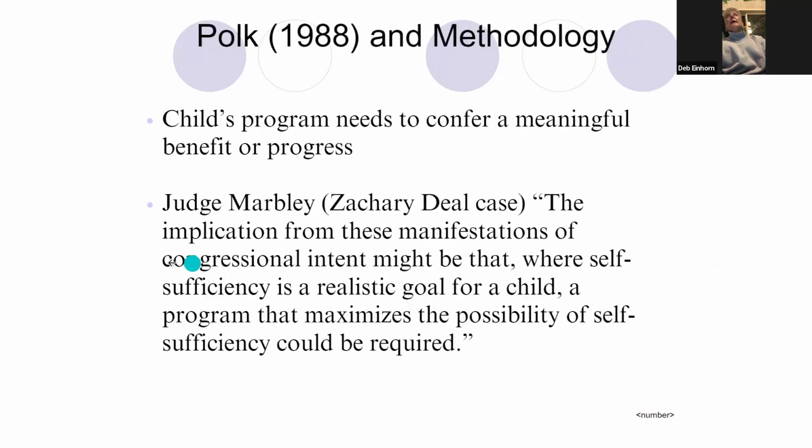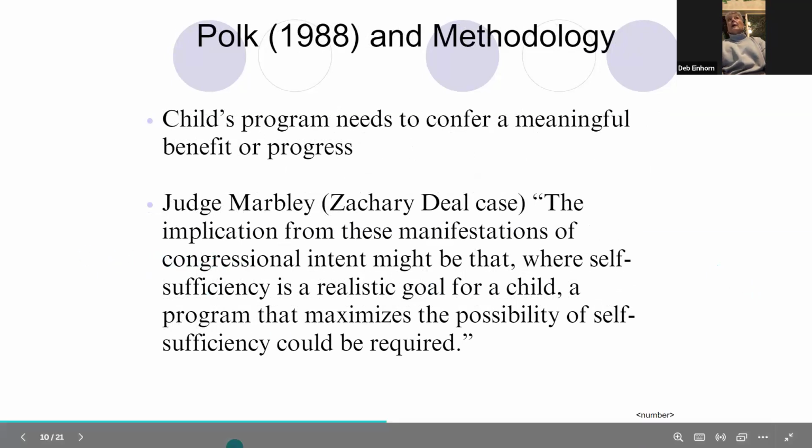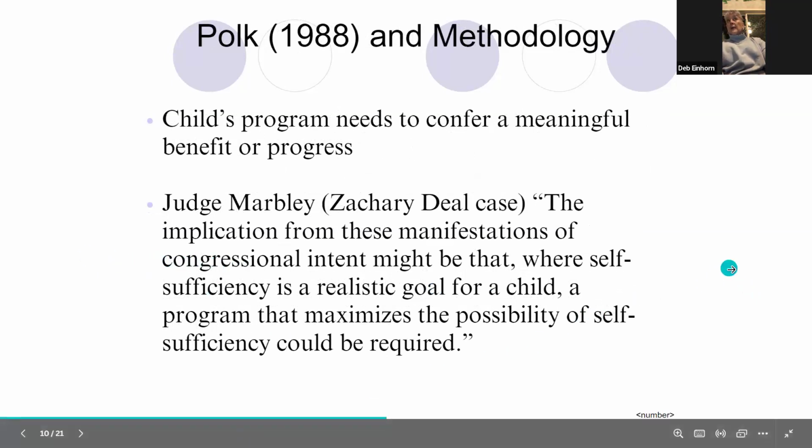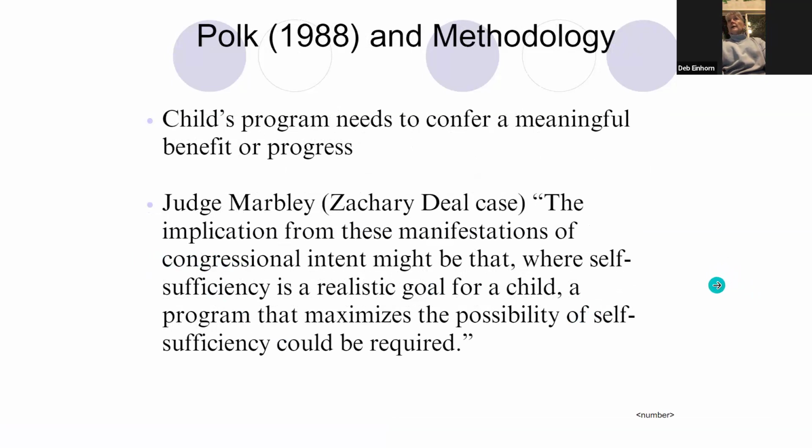And the Rowley case was actually a child who was hearing impaired, and the school district was providing some cued language service. I don't remember what all kinds of services they were providing, but the child was making good progress in school, but her parents wanted her to have sign language instruction.